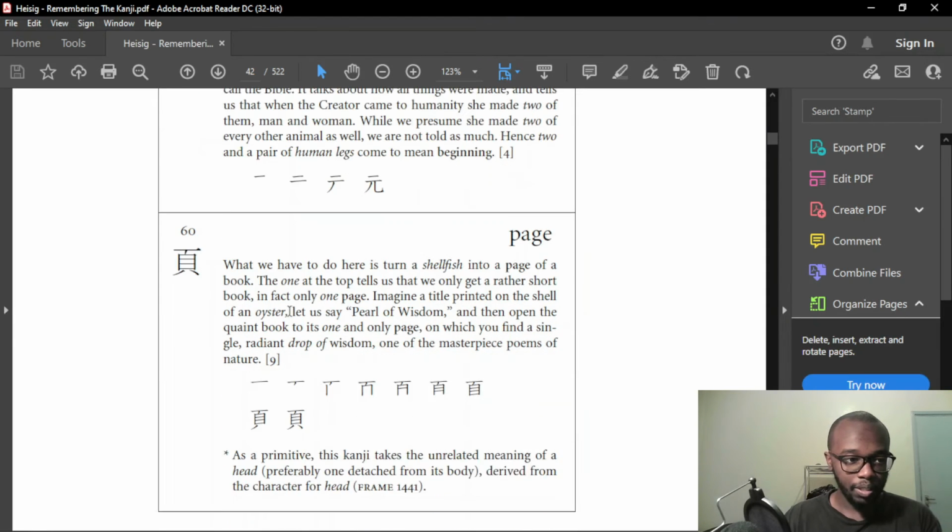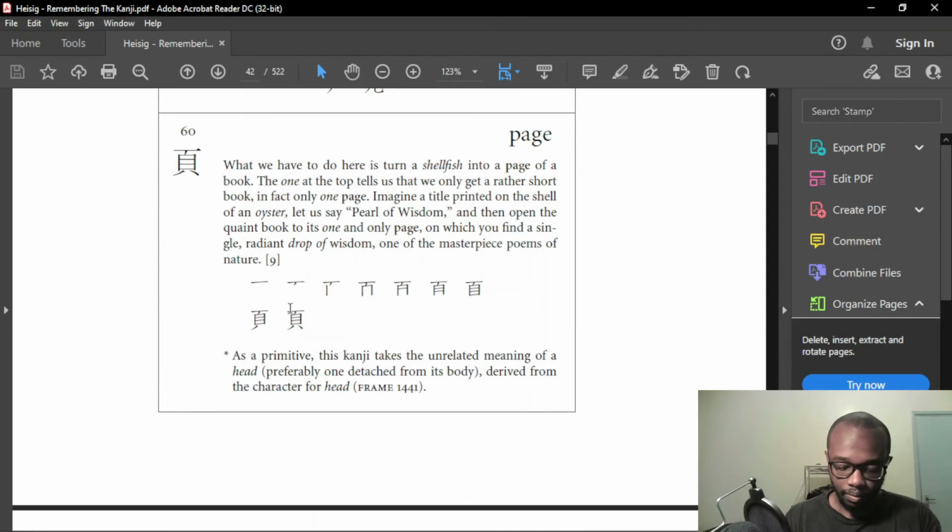So page 60. Maybe 500. Who knows? This is shellfish. This is basically an eye with legs. Page of a book.